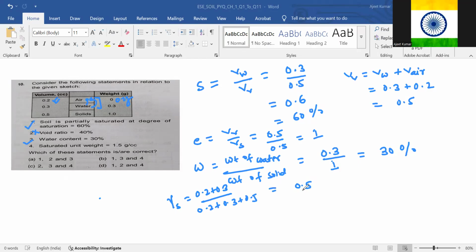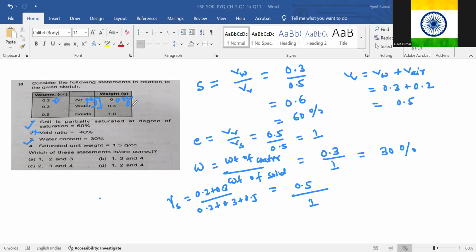So this is 0.5, and the total is 1. Oh my god, saturated density is total weight.